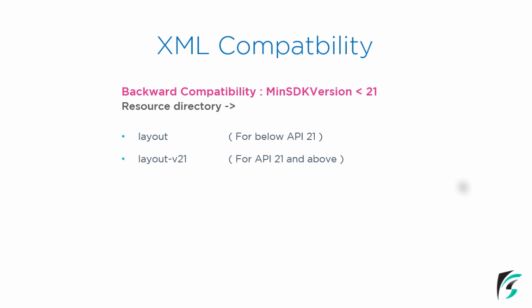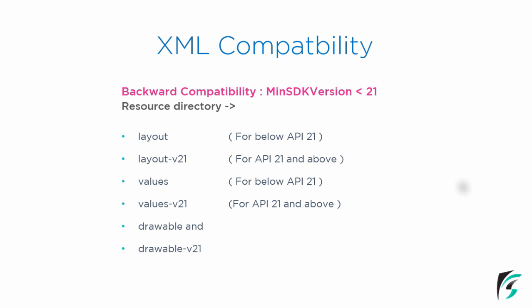So the following changes have to be made in the resource directory in our application. Our app will derive the layout for below API level 21 devices from the layout folder, and for the devices with API level 21 and above, the layout will be derived from the layout v21 folder. Next comes the values. For devices with API level below 21, the properties will be derived from the values folder, whereas for API level 21 and above, the properties will be derived from the values v21 folder.